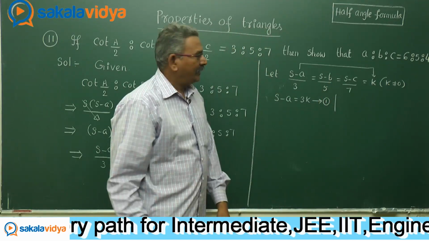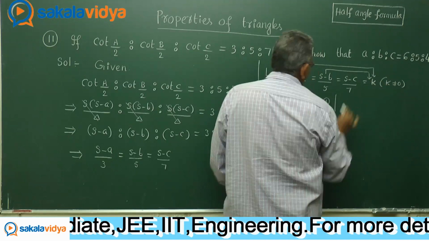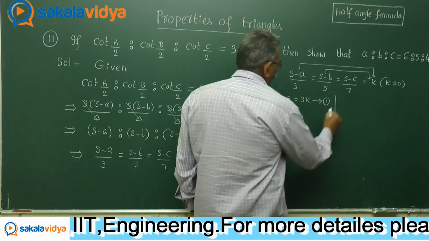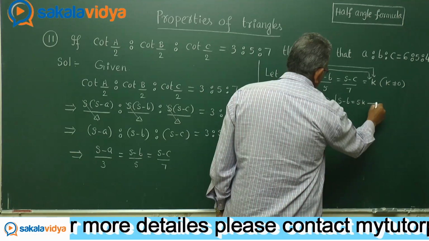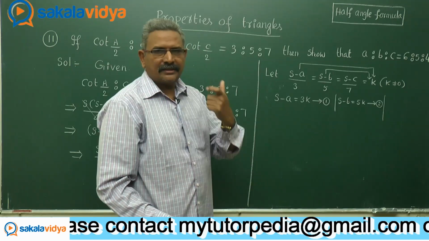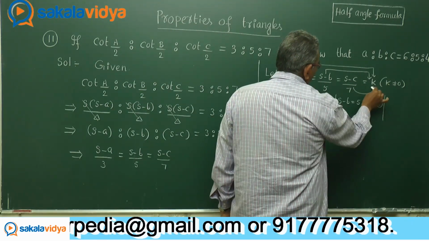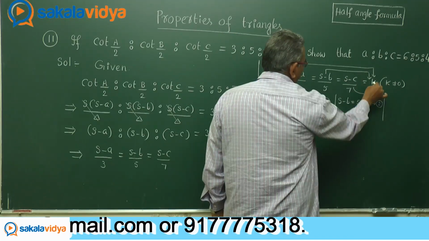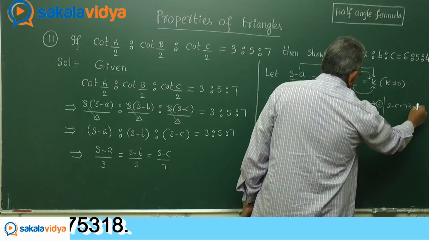Similarly, s minus b equals 5k, equation 2, and s minus c equals 7k, equation 3.